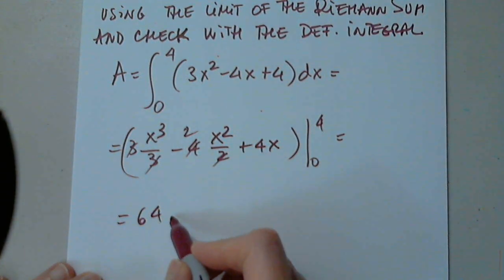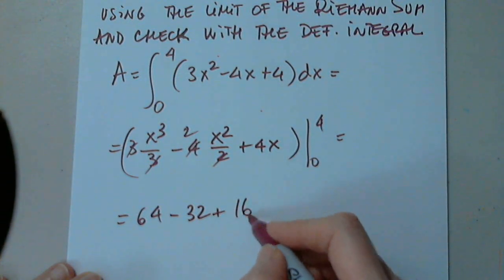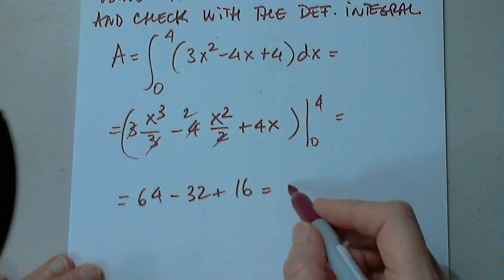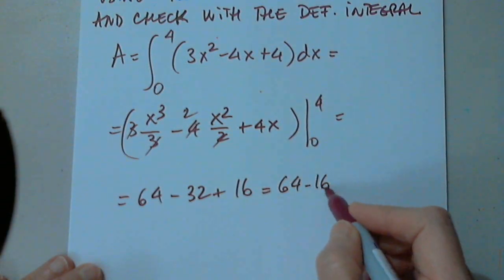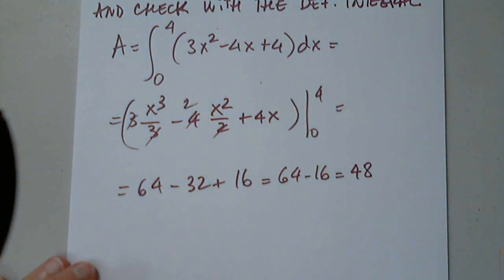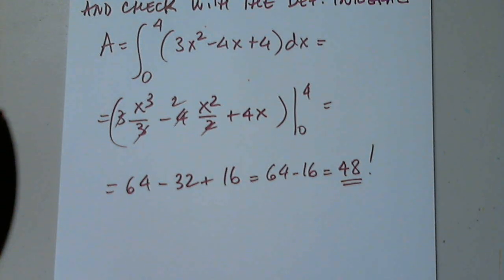This is 64 minus 16 times 2 plus 16. So this is 64 minus 16, and I think that this is 48. So I'm expecting an answer of 48. I cannot fudge it. I'm not going to fabricate any step or calculations, but this is what I expect to get.